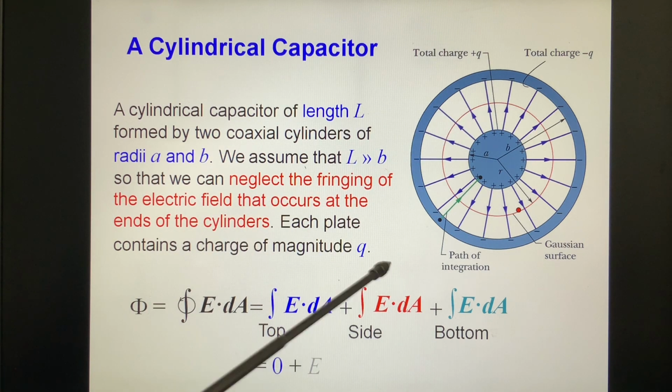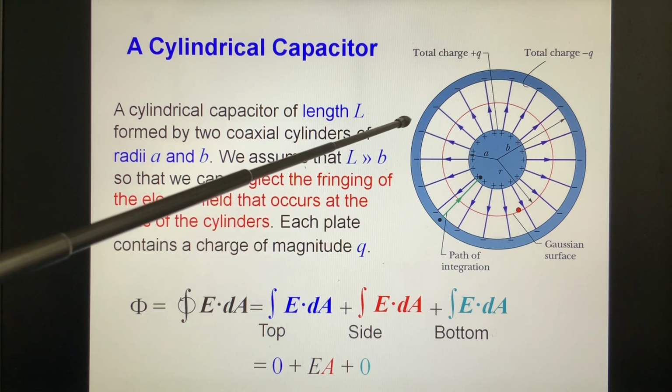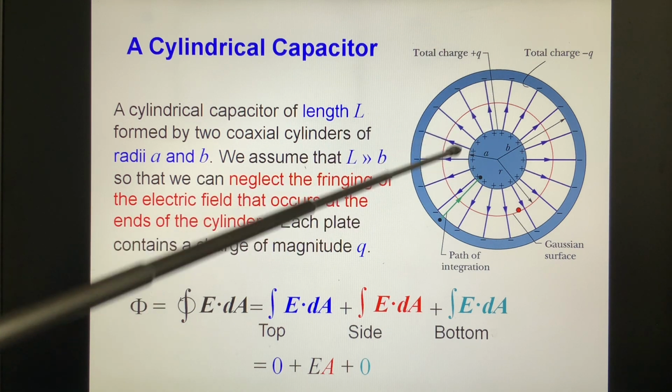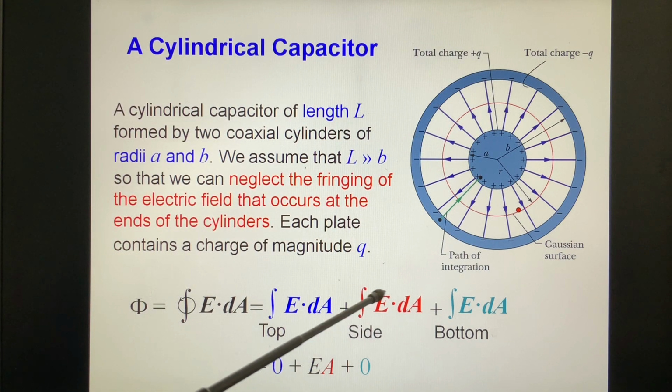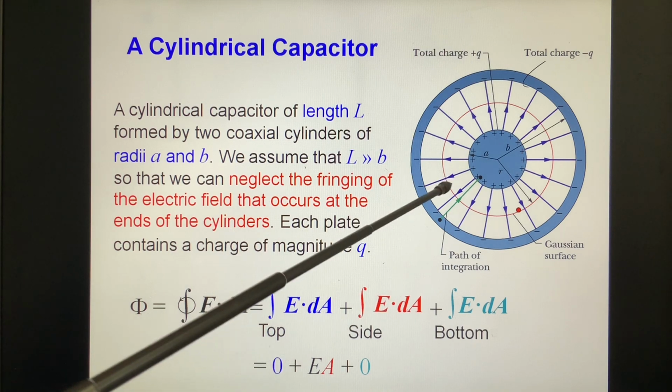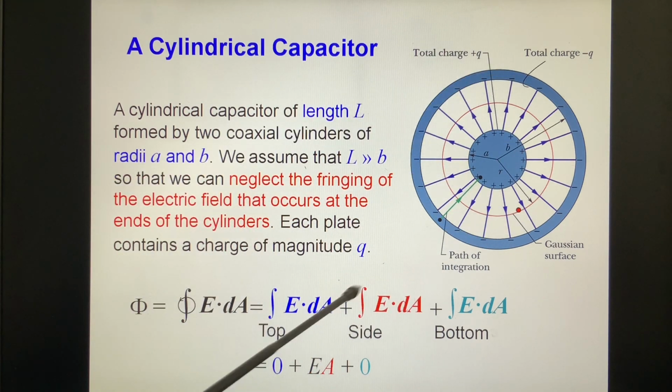So we get the flux equal to the integral of E dot dA. E is along the radius, and dA in this part is along the radius, so E dot dA equal to E dA. By symmetry, all E are the same in magnitude, so E comes out, and the integration of dA is the area.